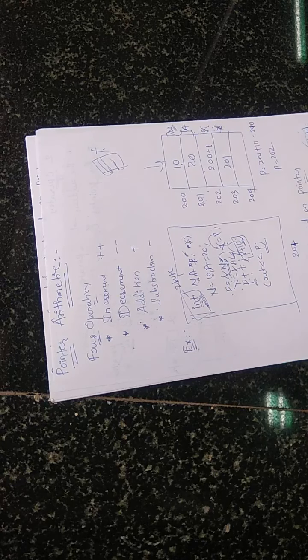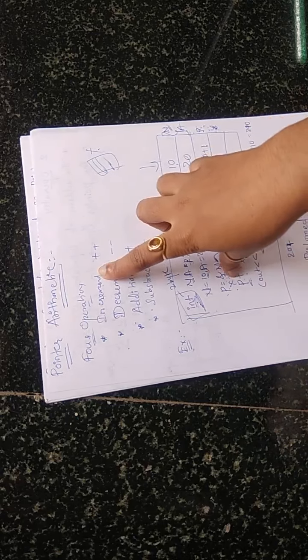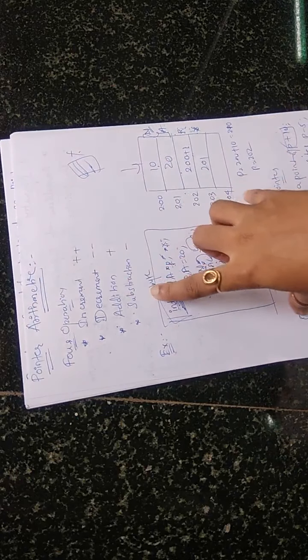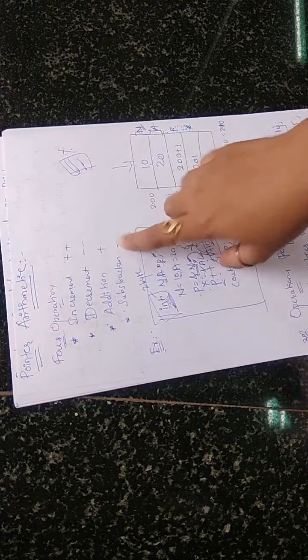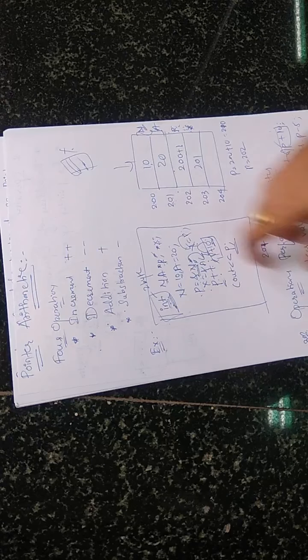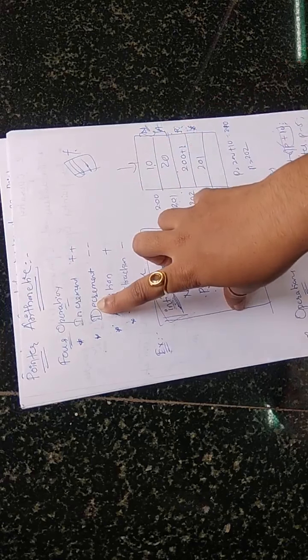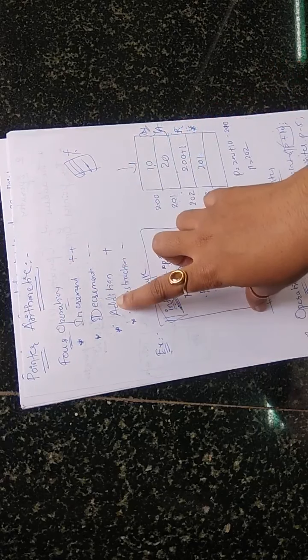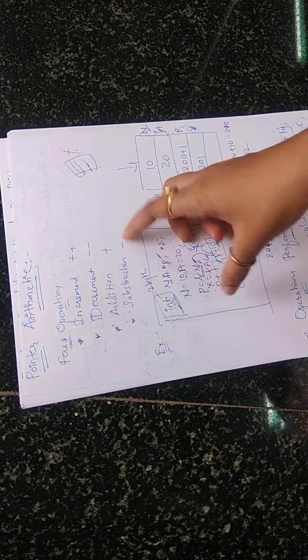The operators we use with pointers are increment, decrement, addition and subtraction. Increment means +1, decrement means -1, addition is adding and subtraction is subtracting.